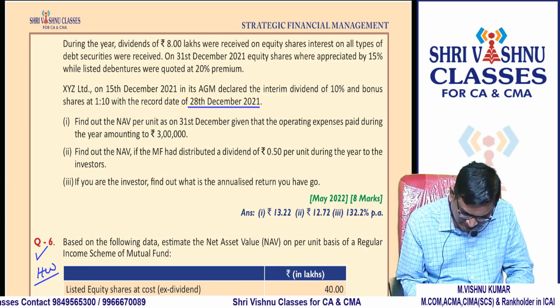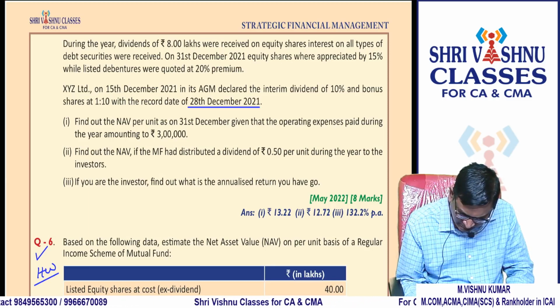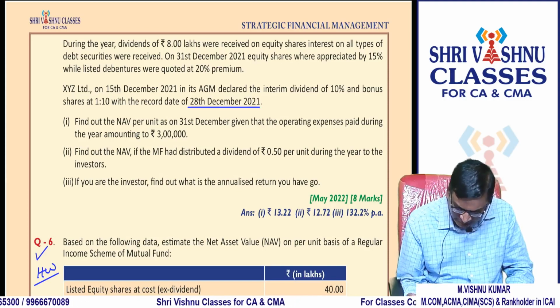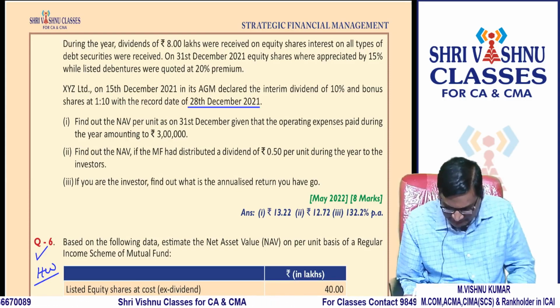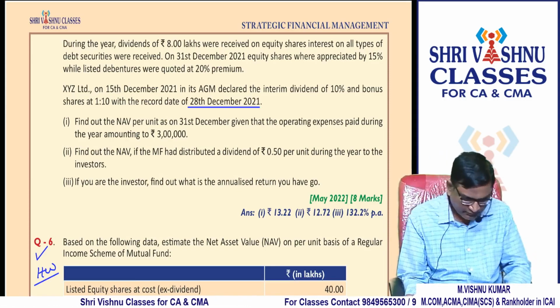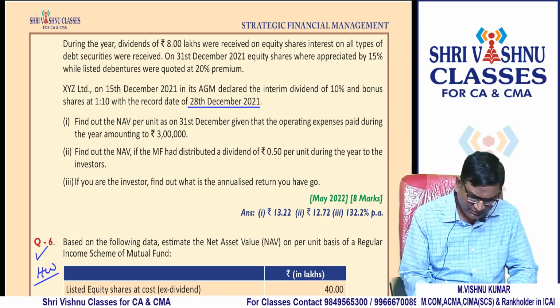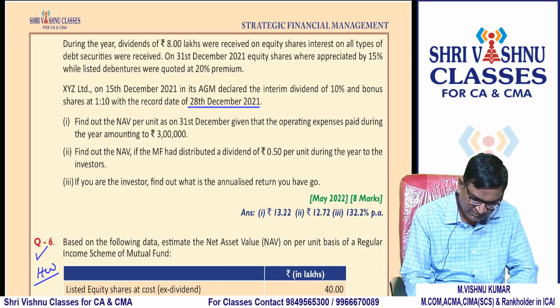If you are an investor, find out what the annualized return is. Okay, annualized return also we have to calculate. Similar question, slight modification has taken place and this extra point is given.